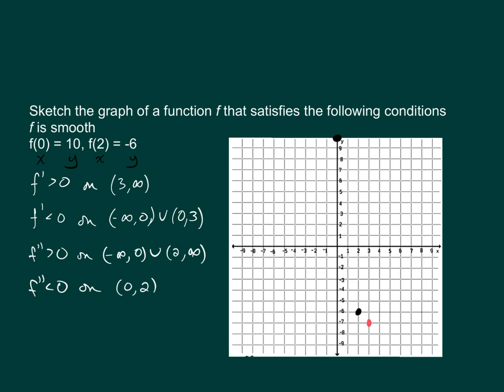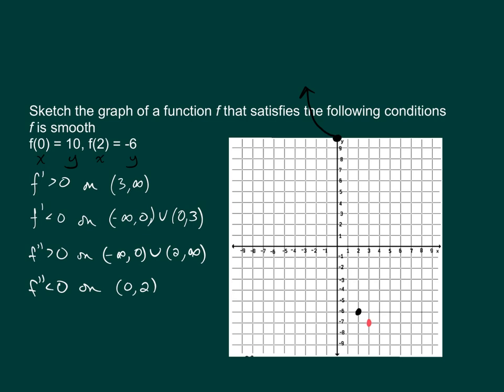It looks like there are some concavity changes. From negative infinity to 0, the concavity is up. So the graph should be concave up from there to there, and going left to right, it is still decreasing. We're decreasing all the way until we get to x value 3, so that makes sense moving left to right.